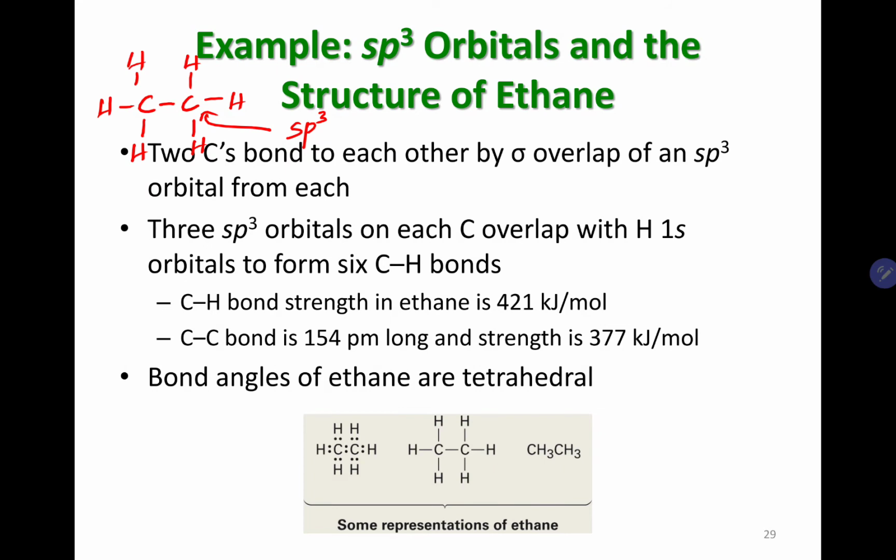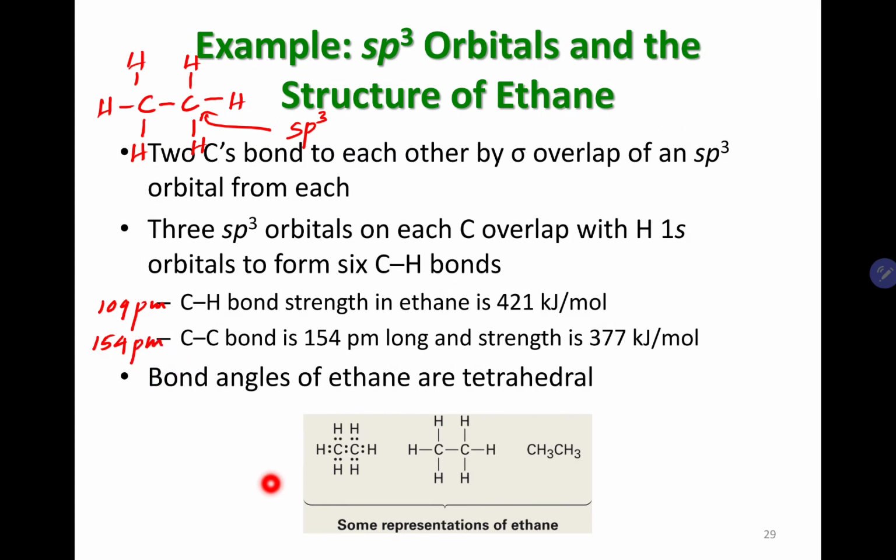As you can see, carbon-hydrogen bonds have a higher bond strength, so it is very hard to break carbon-hydrogen bonds as compared to carbon-carbon bonds. But still they both have very high energies. And when it comes to bond length, carbon-hydrogen bonds are around 109 picometers, and carbon-carbon bonds are around 154 picometers.